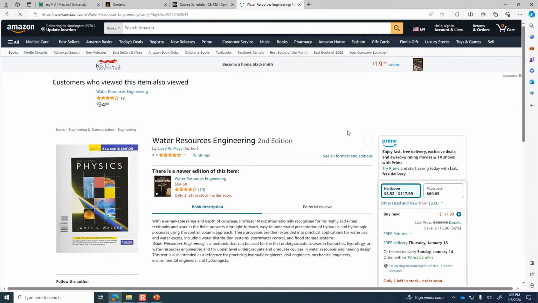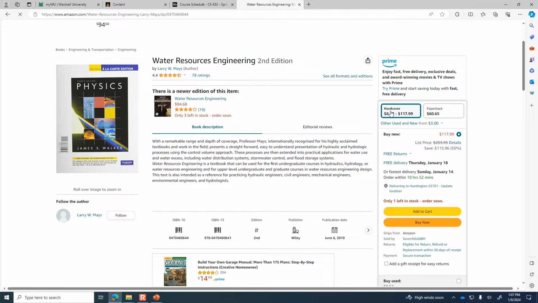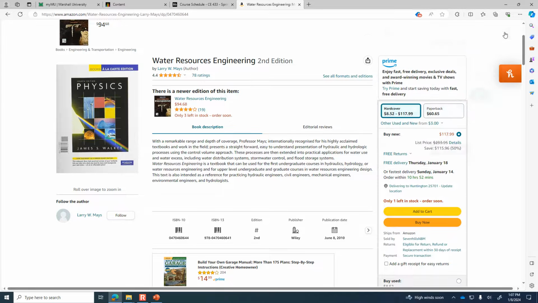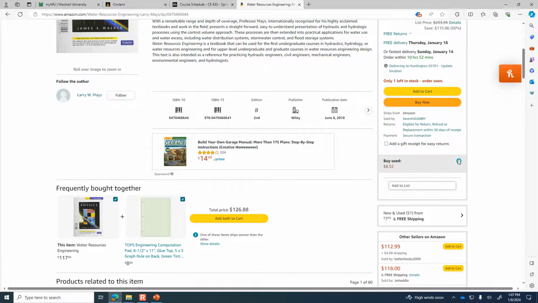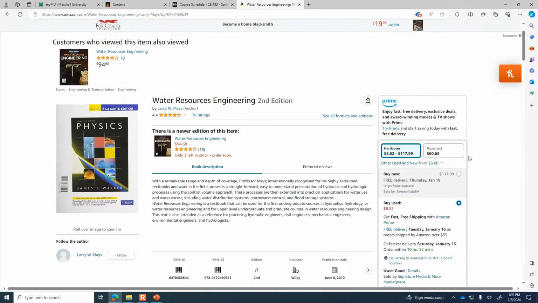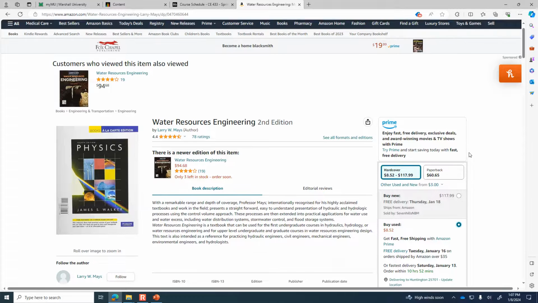Amazon's usually a good starting point. Well, I like the $8.52. That sounds pretty good, but the paperback version, which is the one that I have, is $60. It looks like maybe on the secondary marketplace there's some cheap ones available. $8.52. Snap it up before somebody else does.